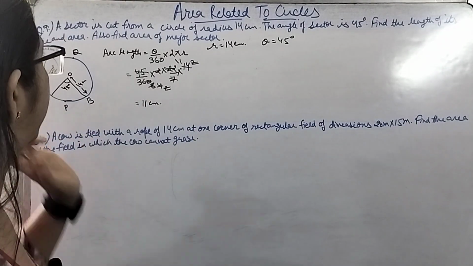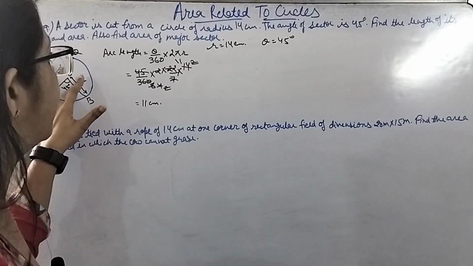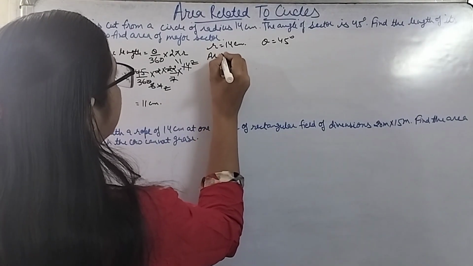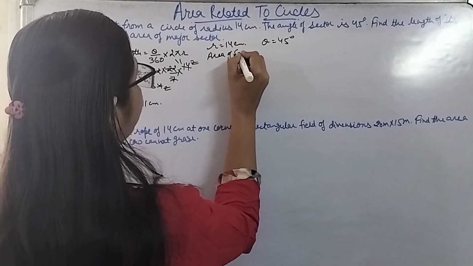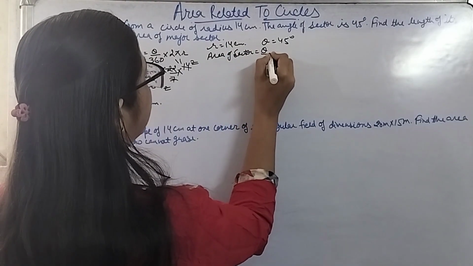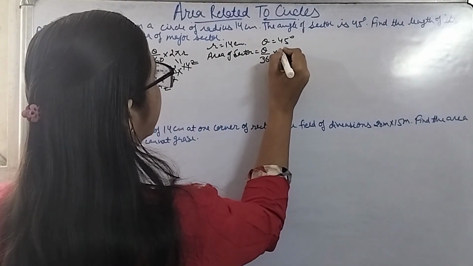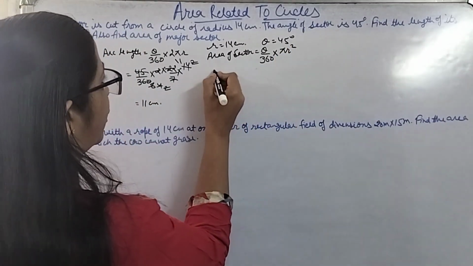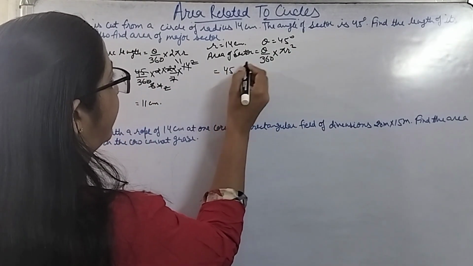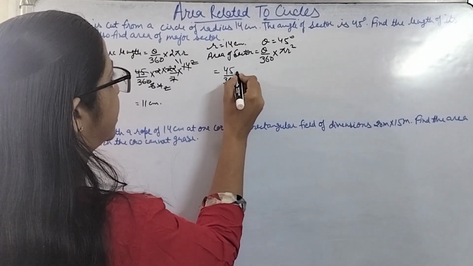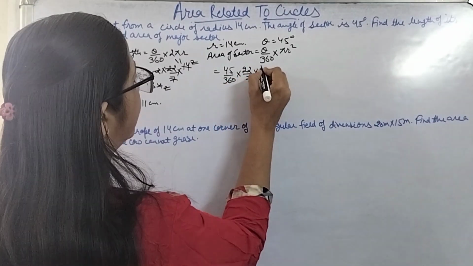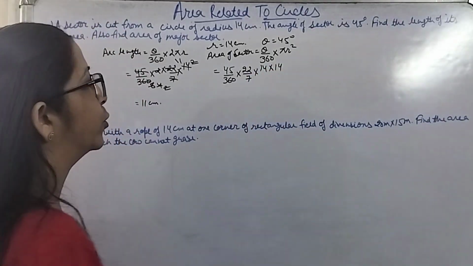Now we have to find the area, that means the area of the minor sector. So we know that the area of the sector is given by theta over 360 into pi r square. We will keep all the values: 45 as theta upon 360 into pi, which we are taking as 22 by 7, and r is 14 multiplied by 14.